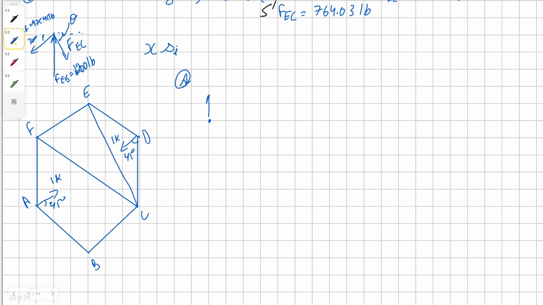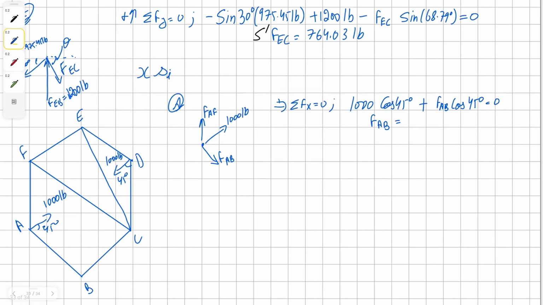With joint A, we're going to have our unknown force AF, our known applied load of 1K or 1000 pounds, and then our unknown force in member AB. Now you can start by summing the forces in x direction. We have the horizontal component of applied load and then the horizontal component of unknown AB.